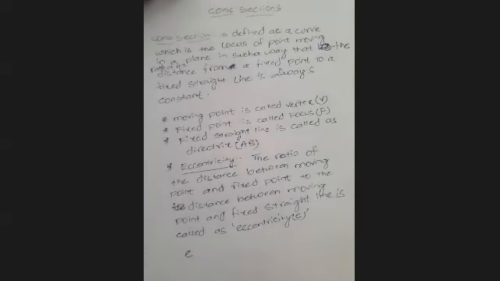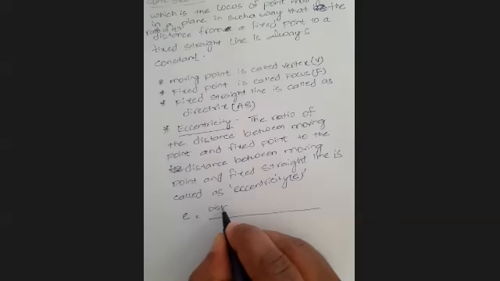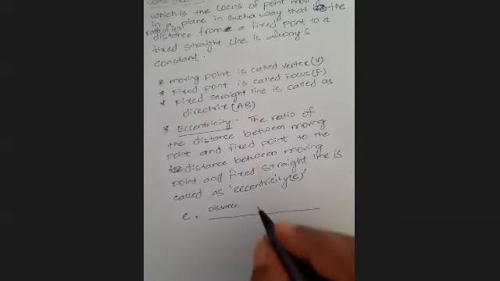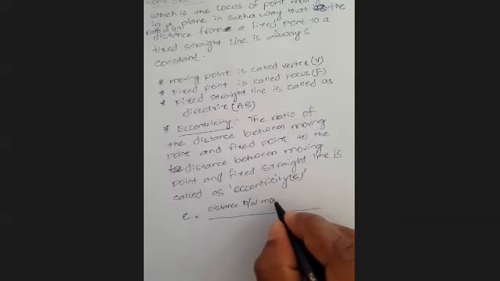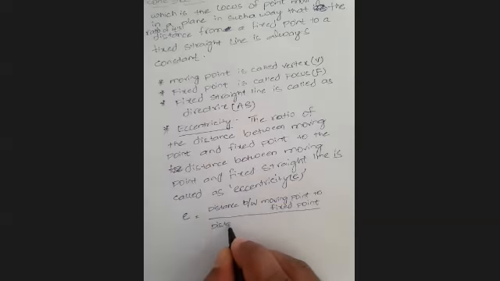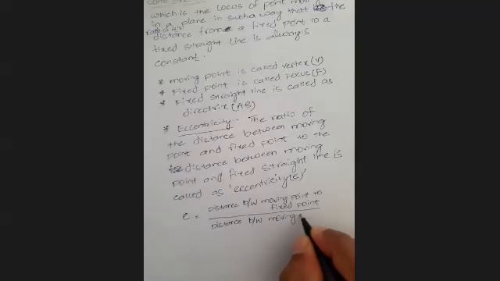So eccentricity e is equal to the ratio of the distance between the moving point and the fixed point to the distance between the moving point and the fixed straight line.